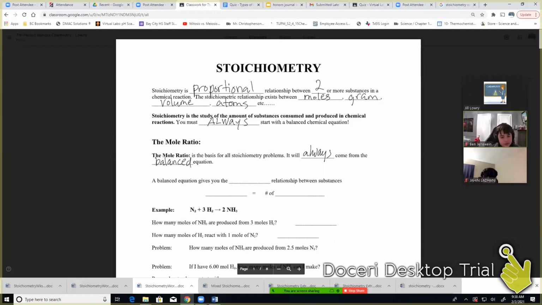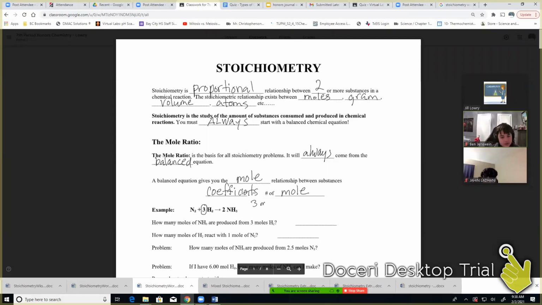A balanced equation gives you the mole relationship between substances. And your coefficients tell you how many moles you have of something. So if you have a balanced equation, for instance, like this, we've seen this equation before to make ammonia.